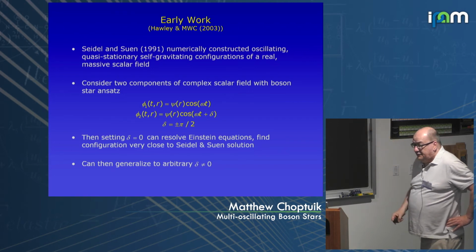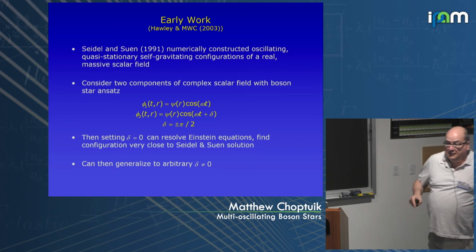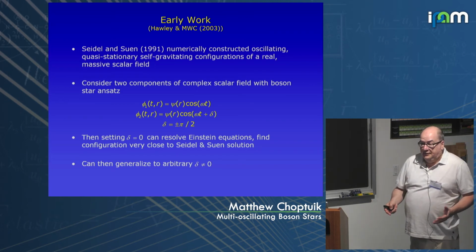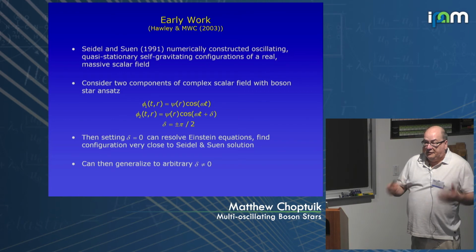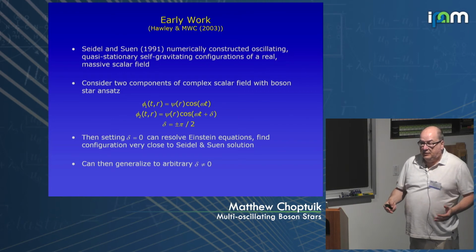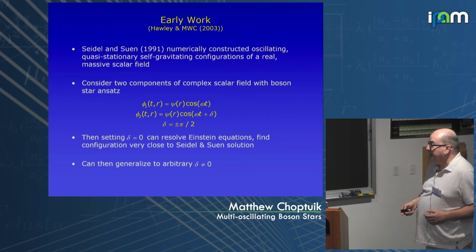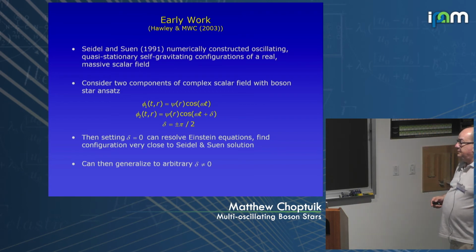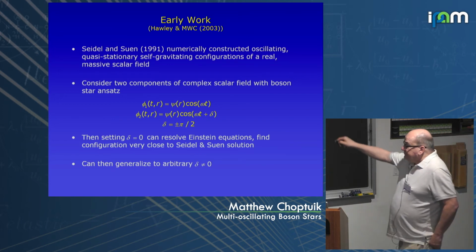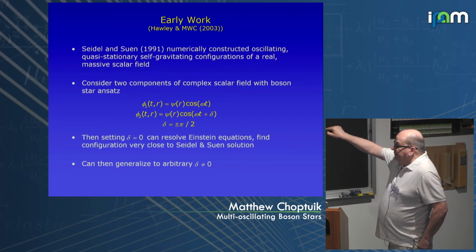These configurations oscillate and are self-gravitating. They're known on a very long time scale to be unstable, but they hold themselves together dynamically for many dynamical times. So they could certainly be of cosmological interest even. But it's for a real massive scalar field.